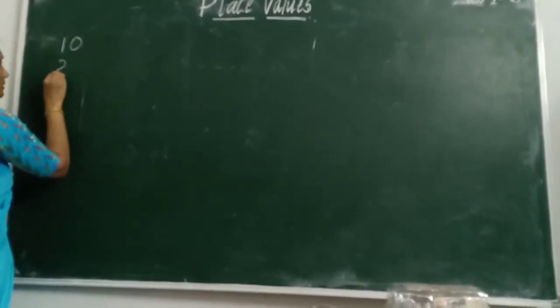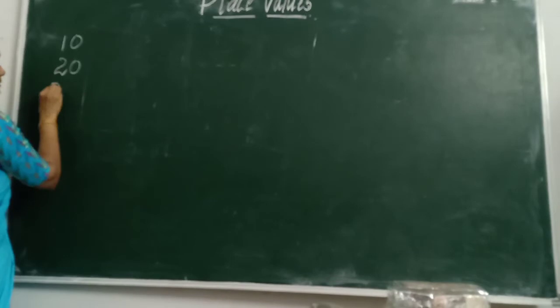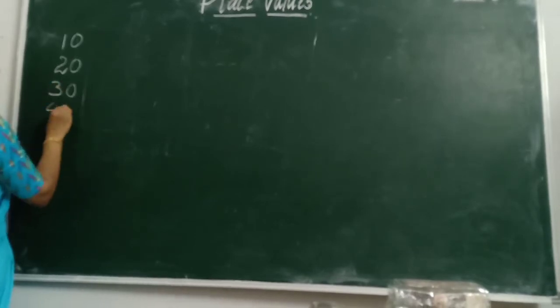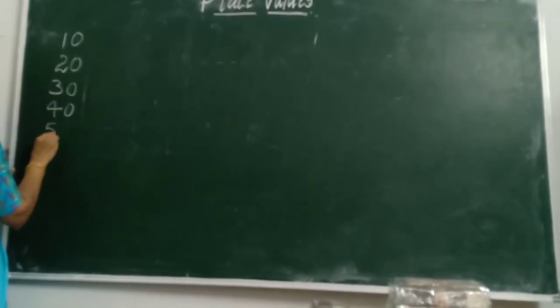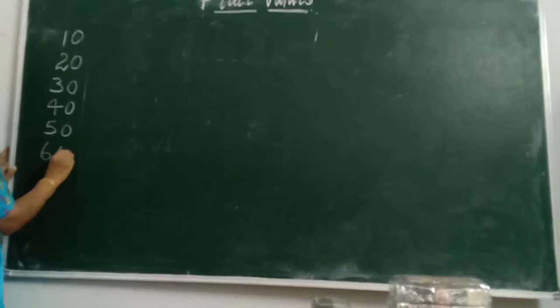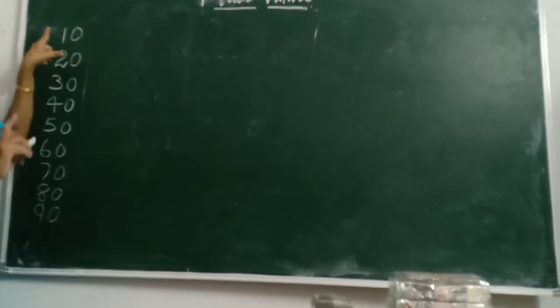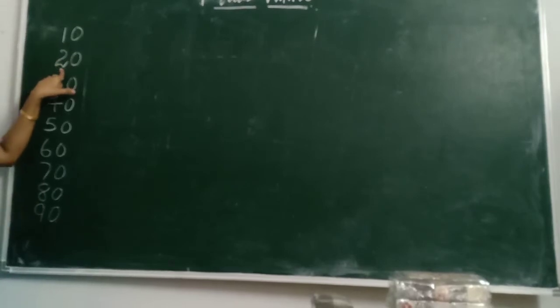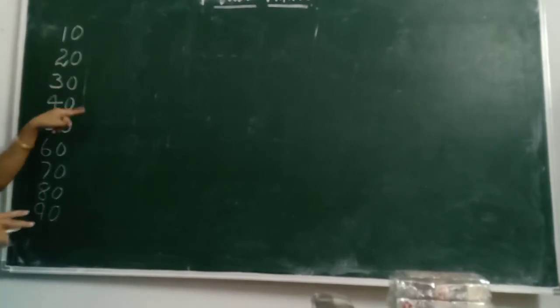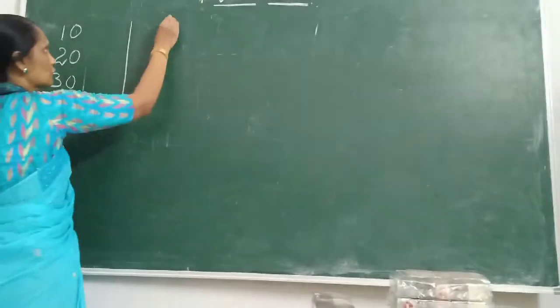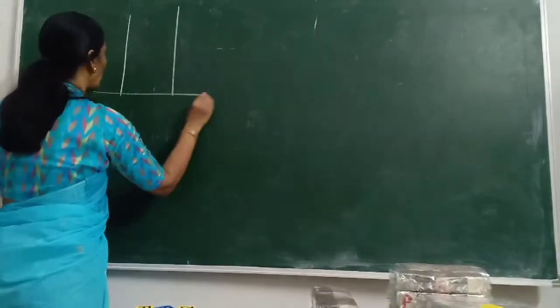Another block means 20, 30, 40, 50, 60, 70, 80, 90. Okay, in 10, 1 block of 10. Into 2 blocks of 10. 3 blocks of 10. Because like this only we are mentioning it on the abacus, no?